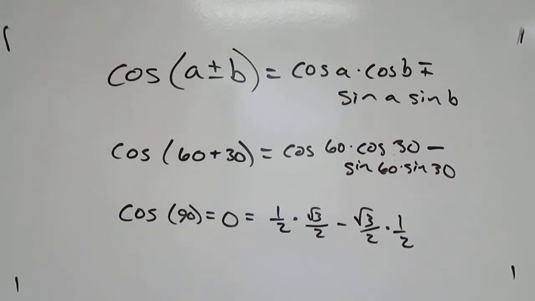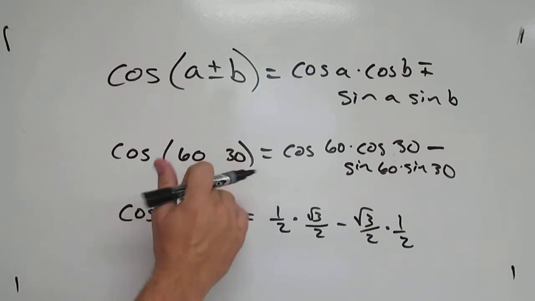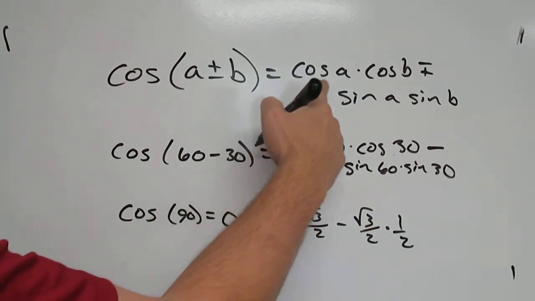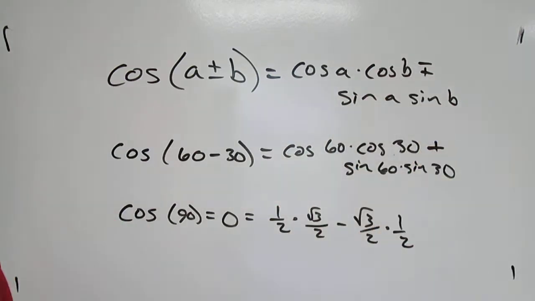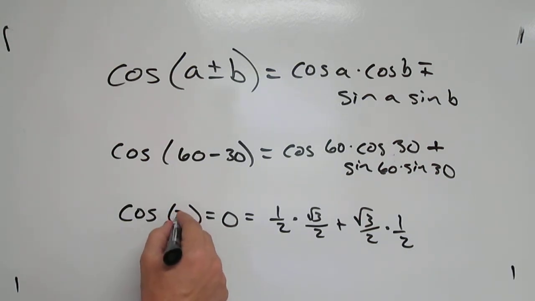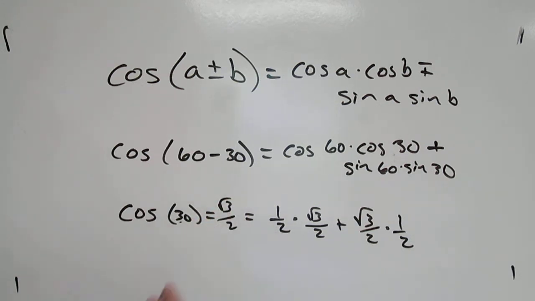Okay? Suppose I wanted to do something like the cosine of 60 minus 30. Well, then I use the same formula, but now since I have a minus here, I'm going to choose the plus for that. And I would end up finding the cosine of 30 degrees, which I know is square root of 3 over 2.